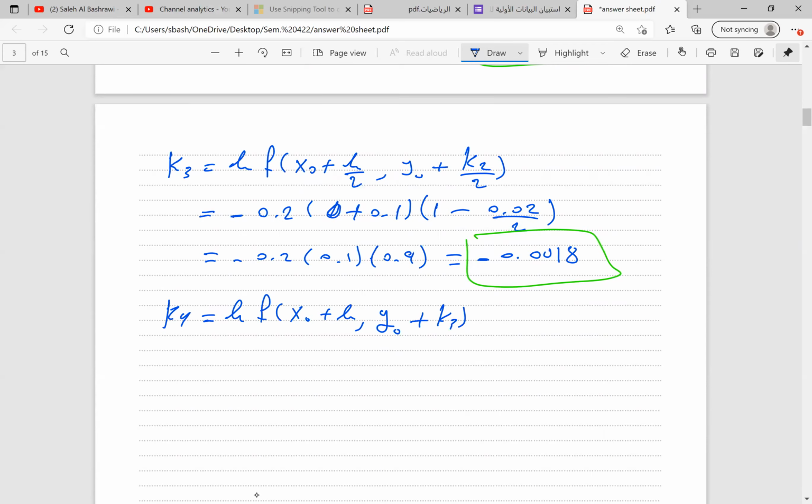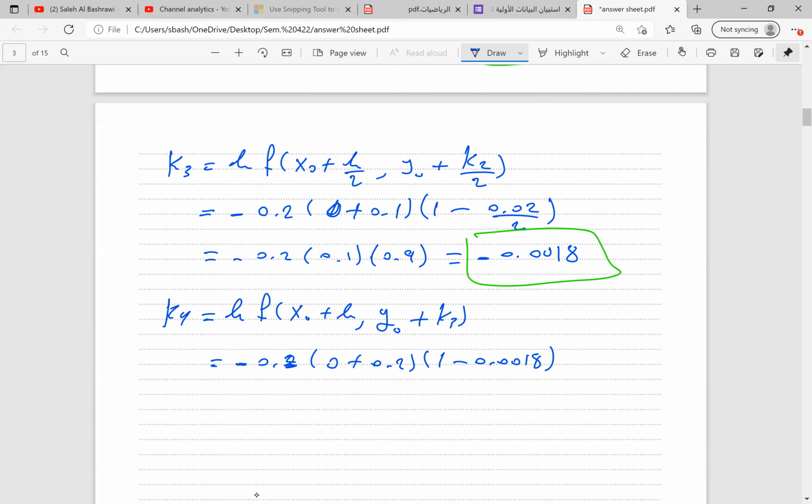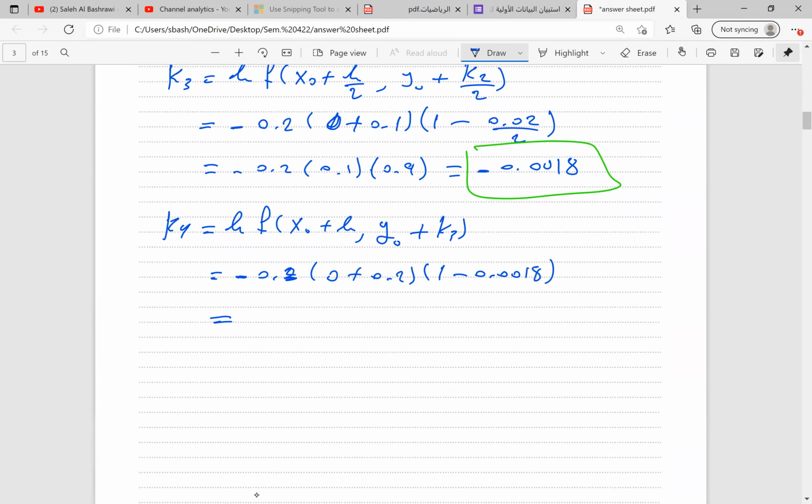Now we do not need to divide by 2 for the last step. So this is minus 0.2, again, this minus is from the function, it is not from h. 0.2 multiplied by 0 plus 0.2 multiplied by y0, which is 1, minus 0.0018.